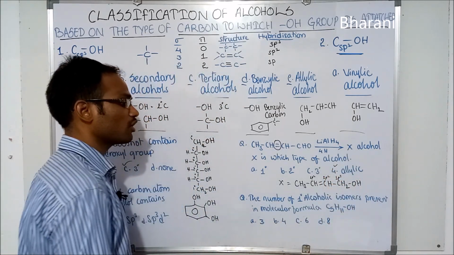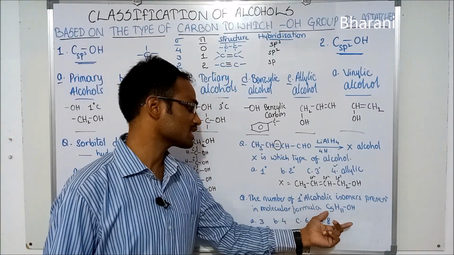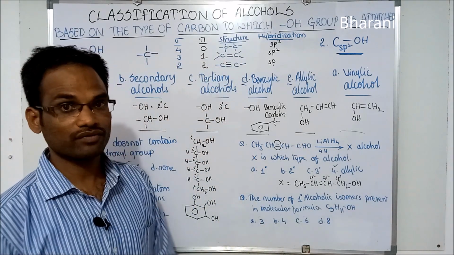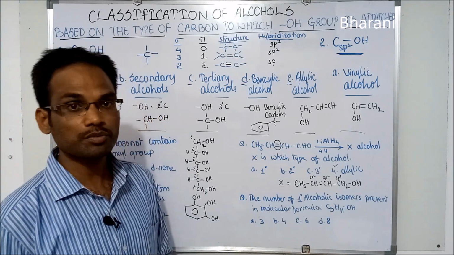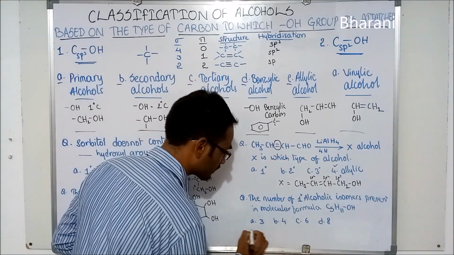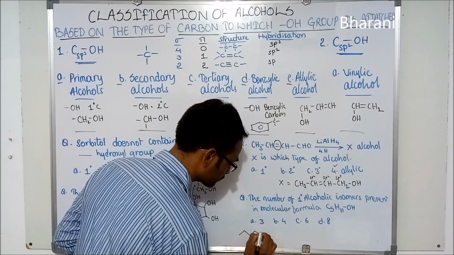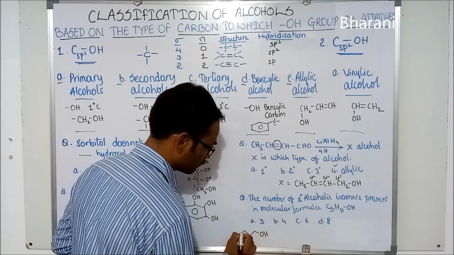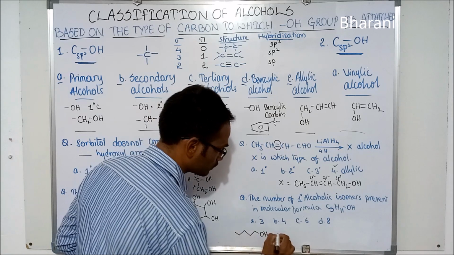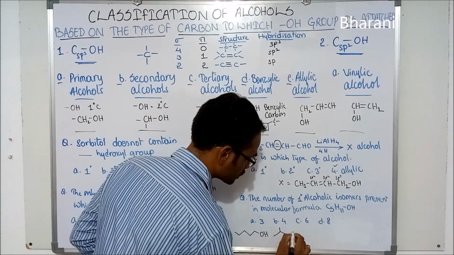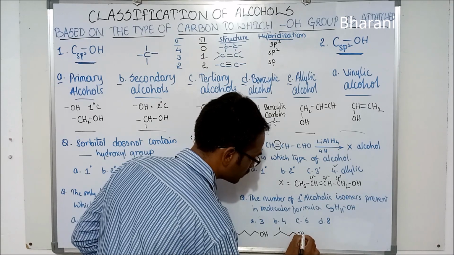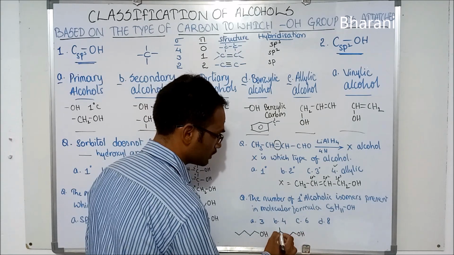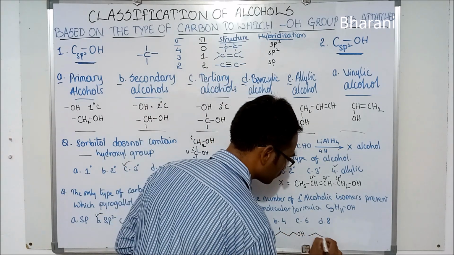Then next, the number of primary alcoholic isomers present in molecular formula C5H11OH. That means you need to write all the possible isomers. Let us confine to only primary alcoholic groups. First one, n-chain, 1 2 3 4 5: pentanol. Another one, I am changing the position of the chain, drawing one more chain isomer: 1 2 3, 3-methyl butanol.